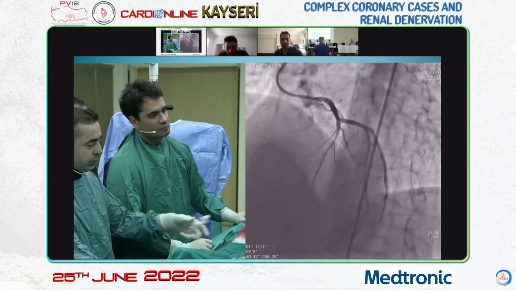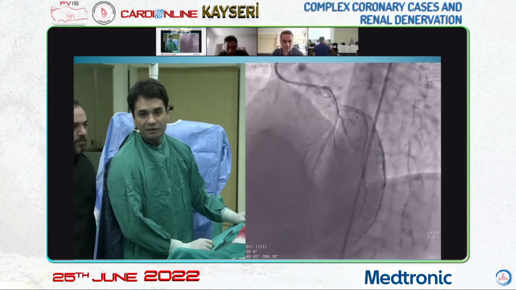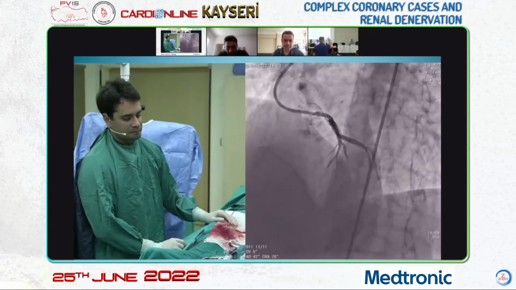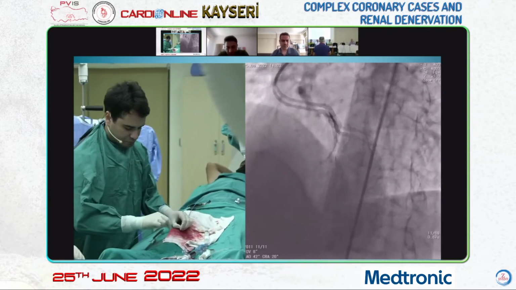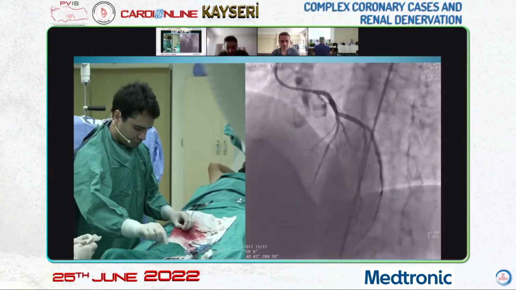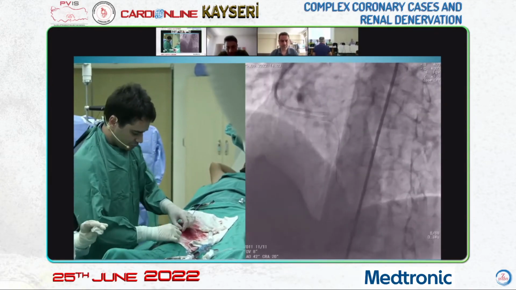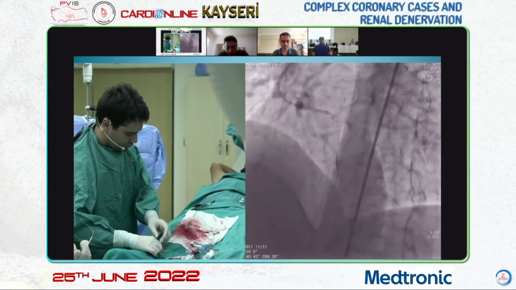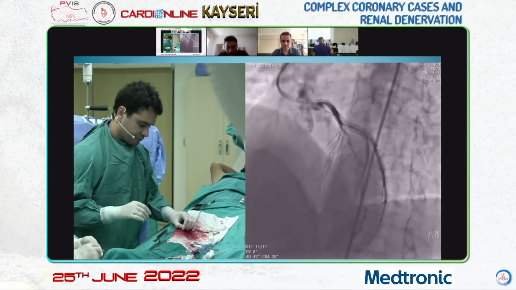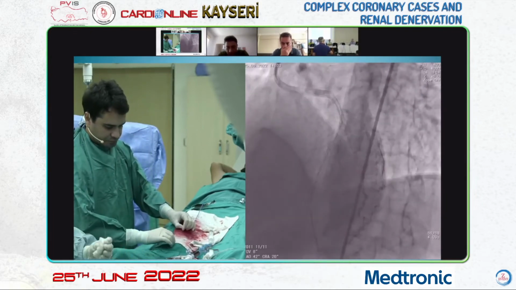In LIMA graft, we see it very commonly. If it is a LIMA, it thins itself, however, when you have the nitrate, it is dilated, and this is the vascular structure and vasomotor relation.